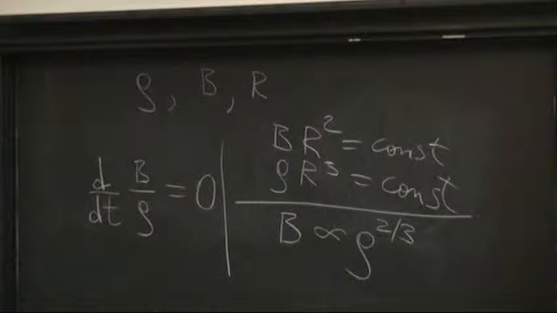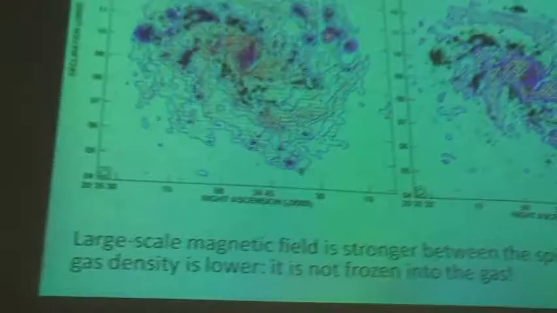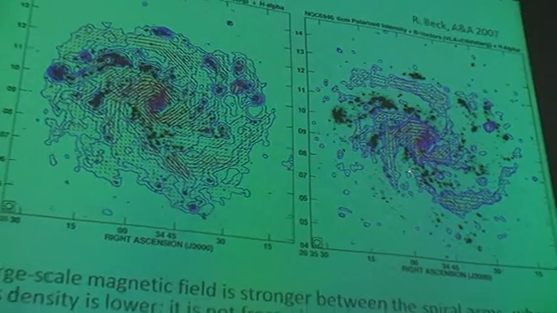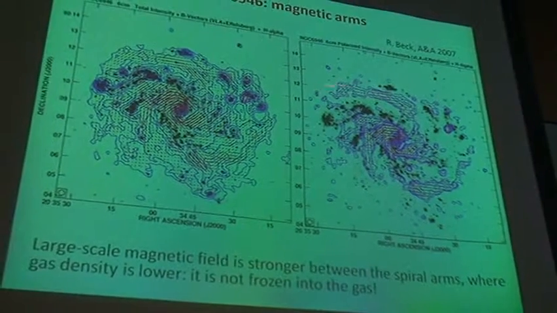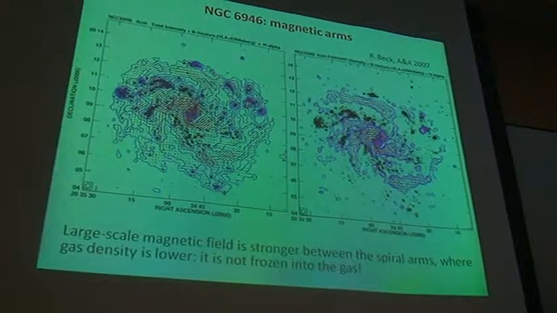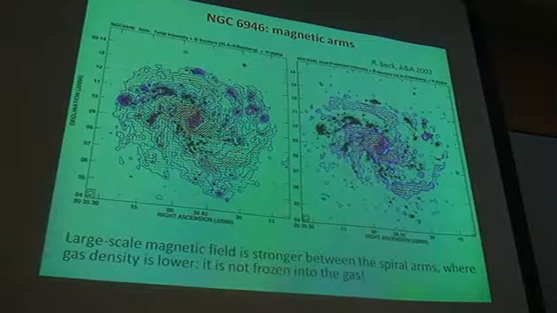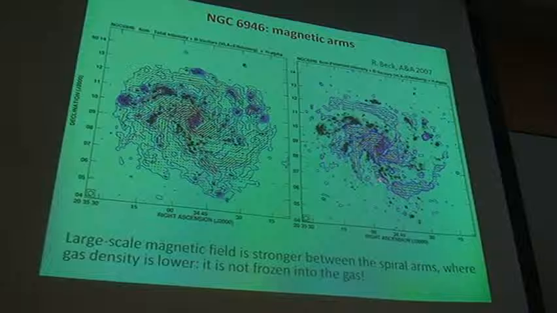Obviously, when Rainer Beck made these observations, when he derived these maps, we tried everything to explain this. For example, additional ordering of magnetic field here. We tried everything thinkable. Nothing works. It's indeed true. There is an additional component of the large-scale magnetic field which sits where density is minimal. So this is direct evidence of the fact that this large-scale magnetic field is not frozen into the gas. It is not.